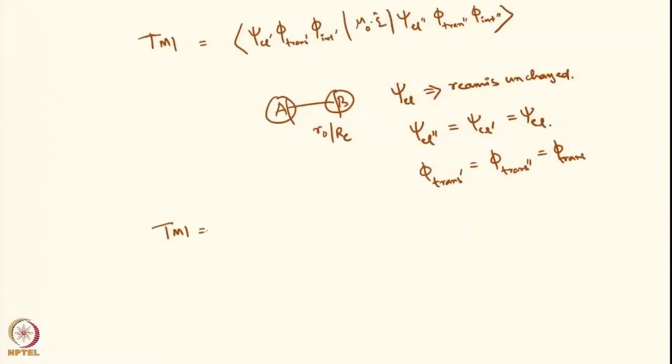So, I can rewrite my TMI as psi electronic. Okay. So, this is now 3 integrals, isn't it? Psi electronic, phi trans, phi internal, mu naught epsilon, psi electronic, phi trans, phi internal. Okay, this is single prime and this is double prime.